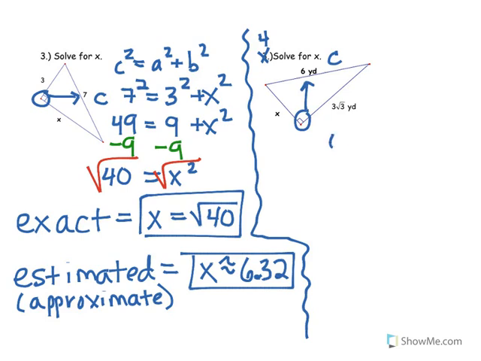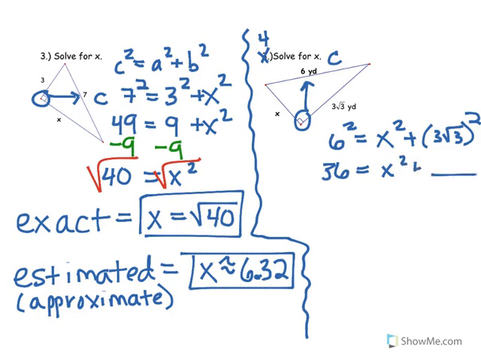We know it's c squared, c is 6 squared, equals, a and b are interchangeable, x squared plus 3 root 3 squared. Okay? Now, the nice part is over here. 6 squared is 36, and x squared we know. But 3 root 3 squared is a little bit more complicated. So I'm actually going to take a second and solve what is 3 root 3 squared above.